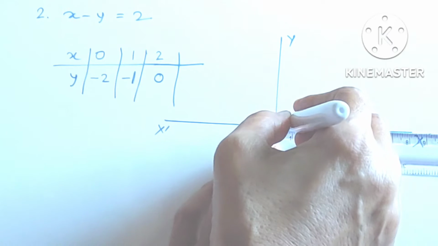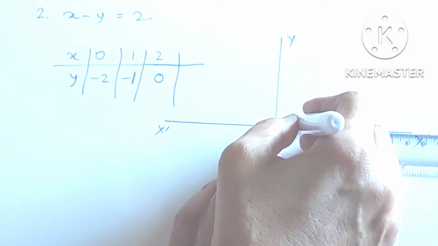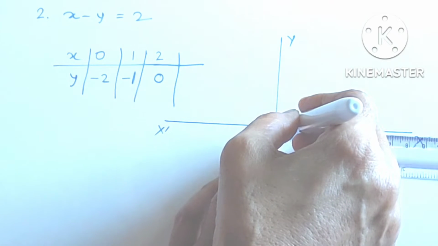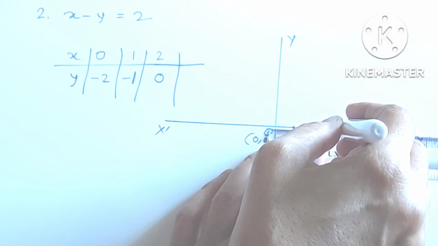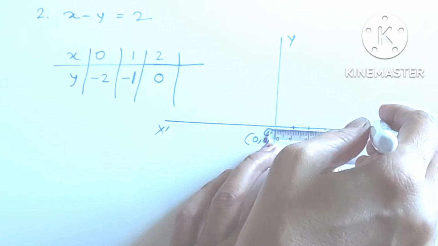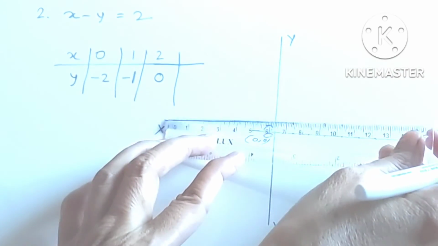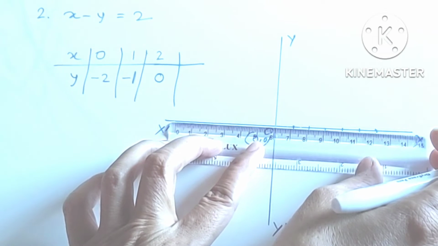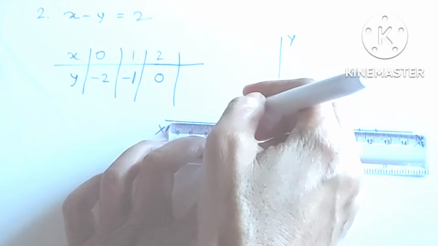And now we draw some points. Here -2, -1 in y, so we have to draw some negative points also in y axis. Here x axis we draw some points, and in x dash also we draw some points.